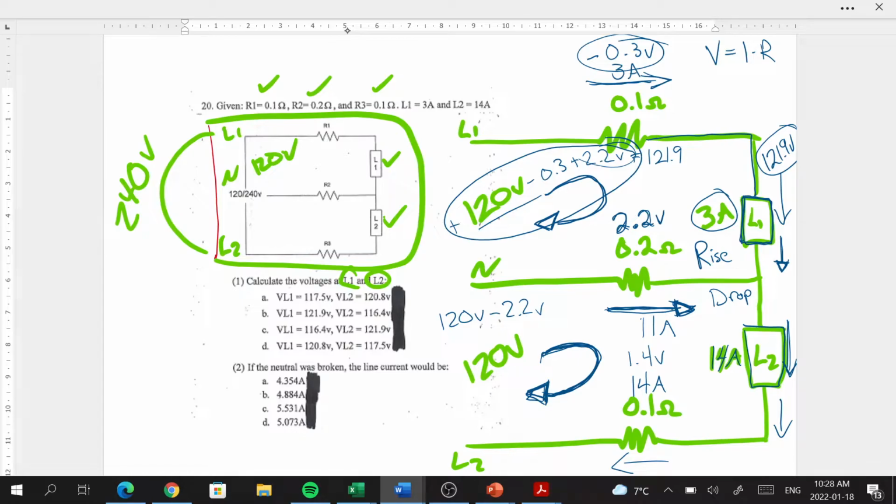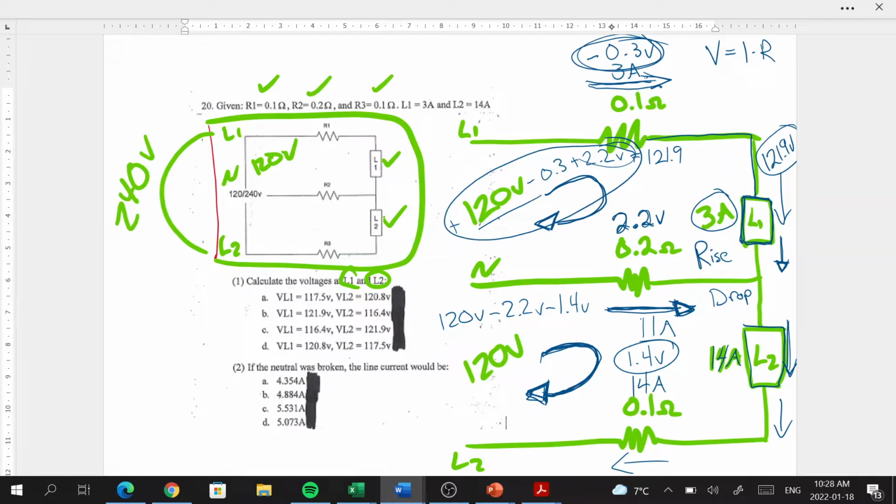All right, so we end up with 120 volt source, subtract 2.2 volts, as well as we subtract the 1.4 volts. So any voltage drops in the lines themselves, this one and this one, they're always going to be a drop. It's only the neutral that sometimes becomes a rise.